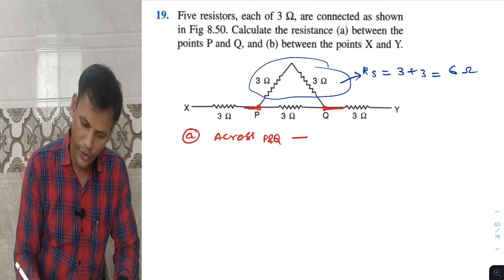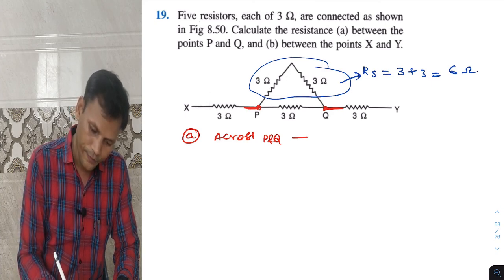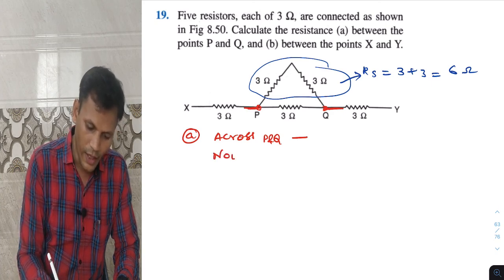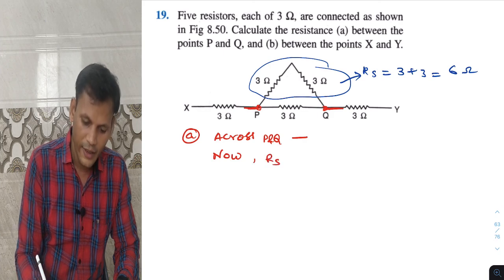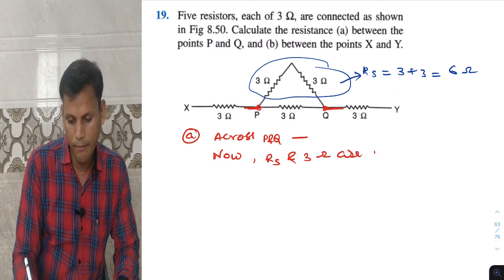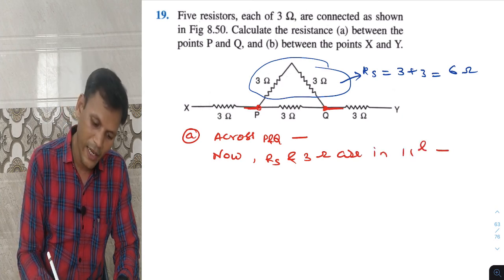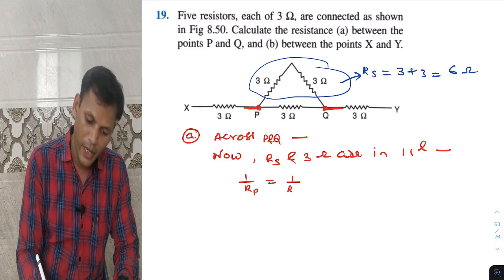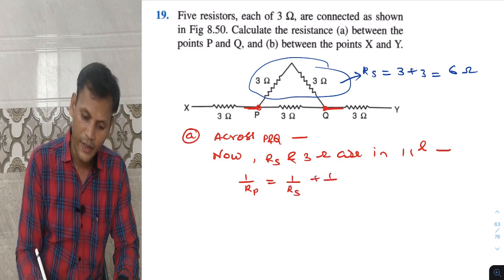So no need to proceed further. Now Rs and 3 ohm are in parallel. As they are in parallel, 1 upon Rp is equal to 1 upon Rs plus 1 upon 3.